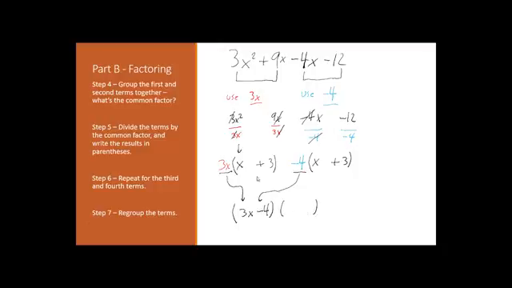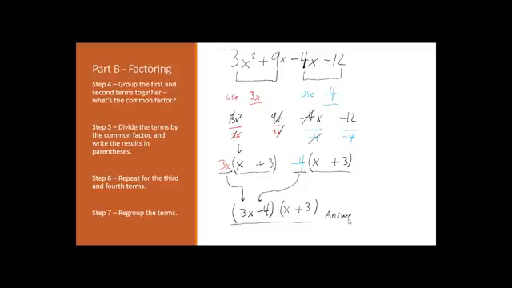Our other term will be whatever is left over. That is, the x minus 3 that pops up here and here. So we are left with 3x minus 4 and x plus 3, and this is our final answer.